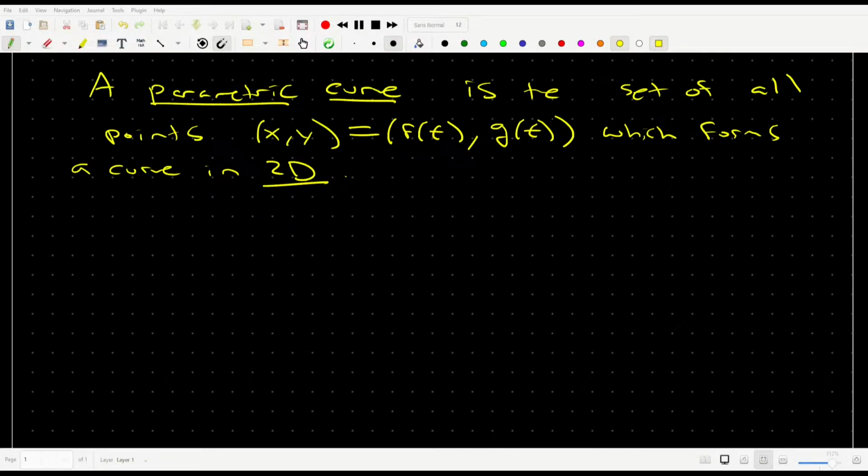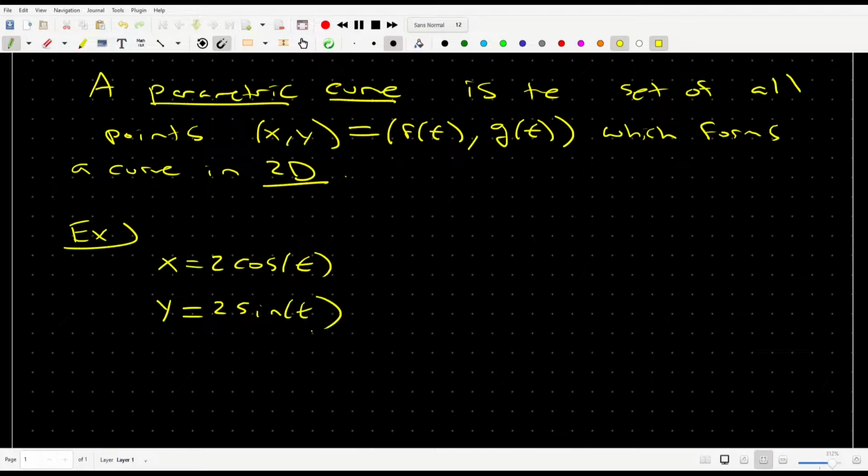So for the first example, I'm going to write down x is equal to 2 cosine of t. So 2 cosine of t is our function f, and y is equal to 2 sine of t. We're going to consider this for t, the parameter, in the interval from 0 to pi over 2.